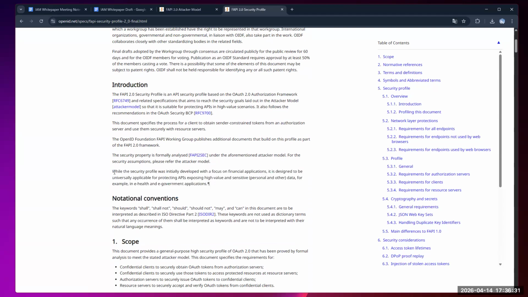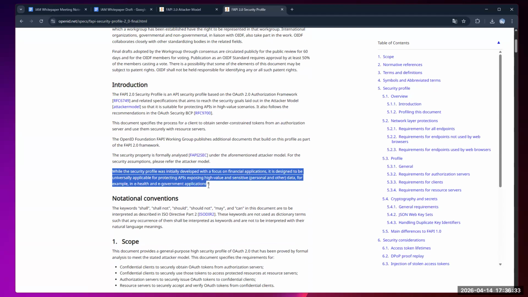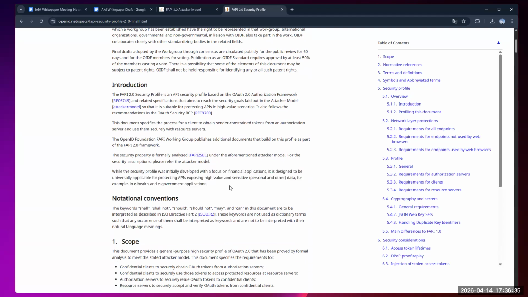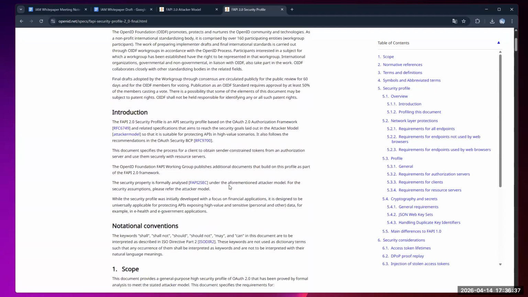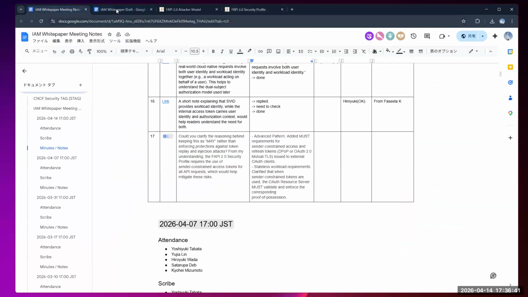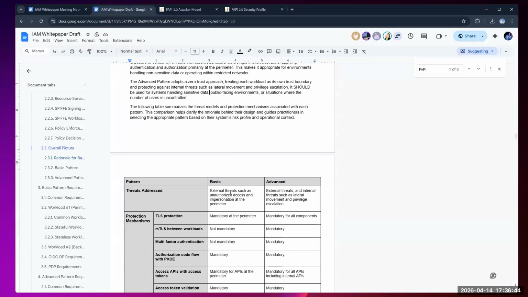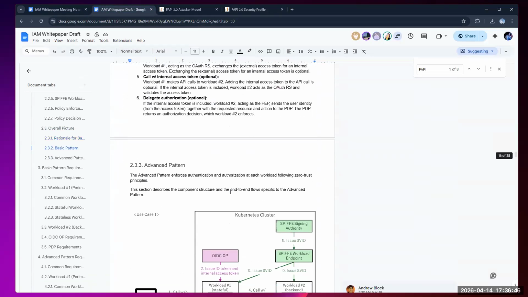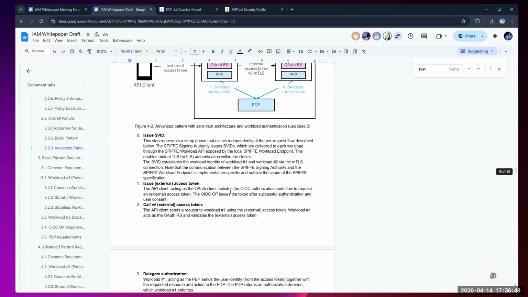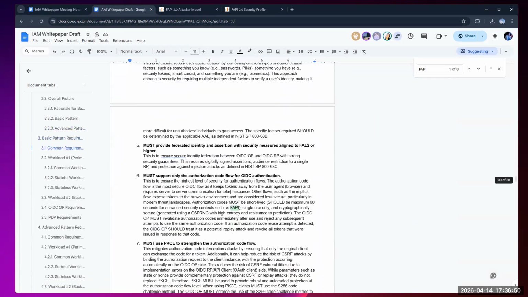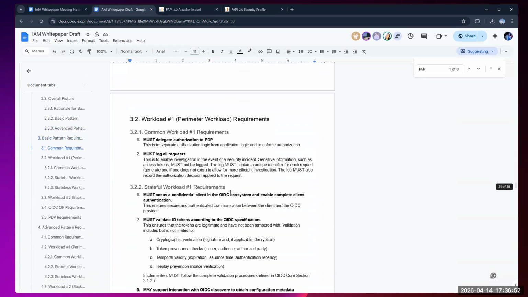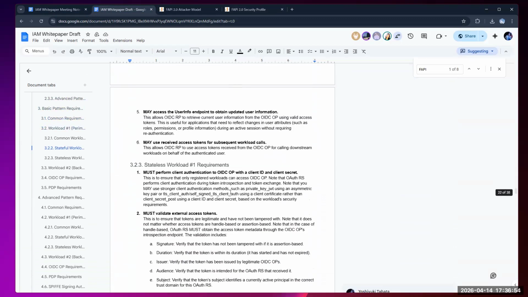This advanced pattern is the scope of FAPI 2.0. So we somehow refer to FAPI 2.0 in this white paper.